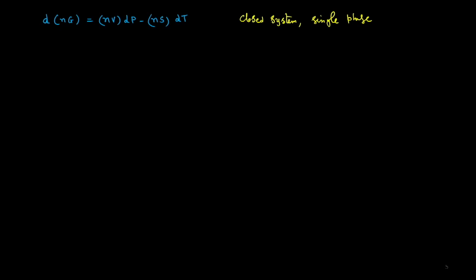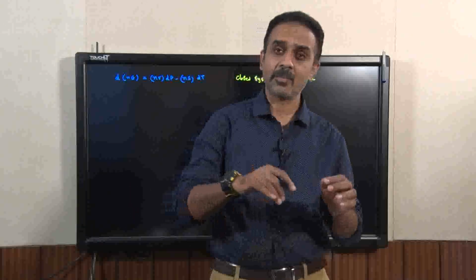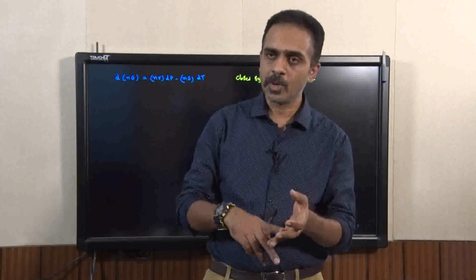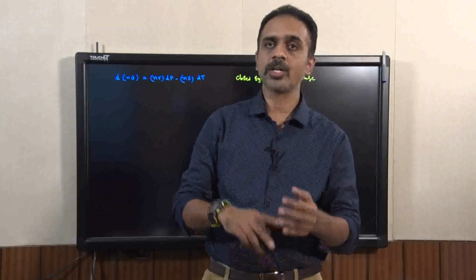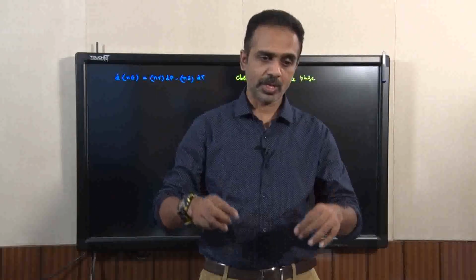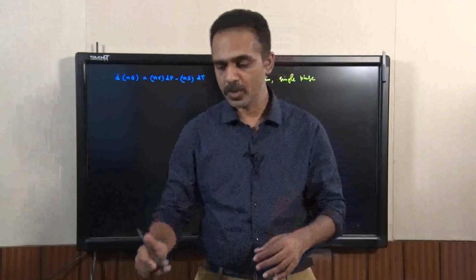Now, if we have a single phase system and the system itself is closed, then the number of moles for all the chemical species are the same, right? They are not changing. So this expression just considers the change either in the temperature or pressure of the system, but not in the number of moles, because there is only one phase and it is closed. The moles, whatever are present in that vessel, are always present, right?